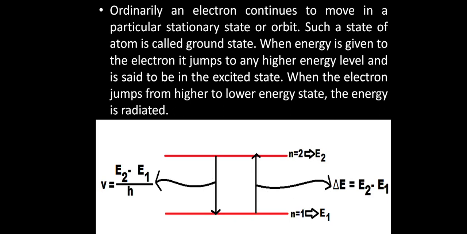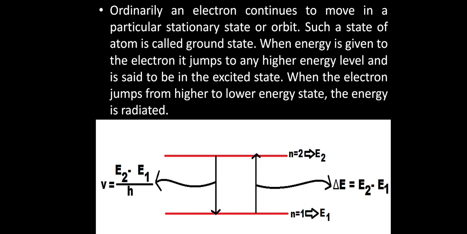If an electron has to go from a particular orbit to a higher orbit, it must absorb the energy difference between the two. In this case, going from N1 to N2, it must absorb energy which is the difference between E1 and E2. That is delta E, which you can see on the right hand side, E2 minus E1. That much energy has to be absorbed so that it can go to E2.